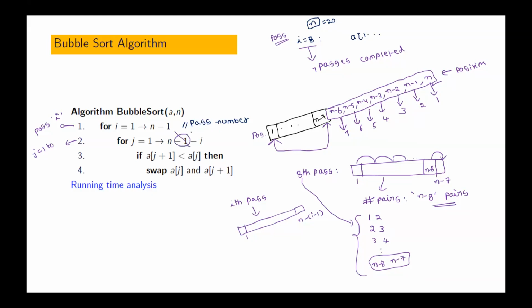I think this minus 1 is not okay. 1 to n minus i. Is that correct? That means the last comparison is n minus 7, which is one more, so this will be n minus i. Sir, plus 1 should be there.